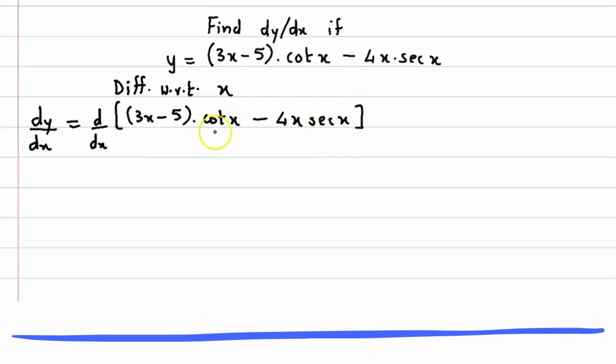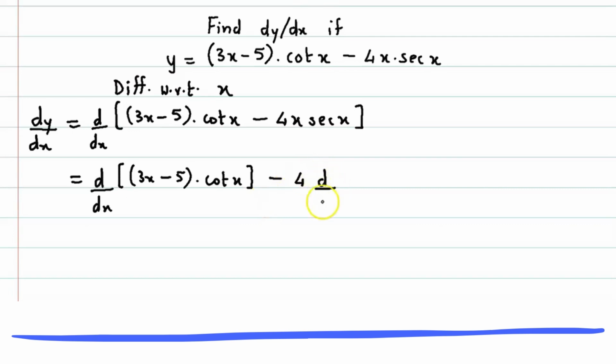Now firstly we apply the subtraction rule for differentiation. So we just separate out these two terms. So we get derivative of 3x minus 5 into cot x minus, now since 4 is the coefficient, we can just keep it outside the derivative. So 4 times derivative of x into sec x.